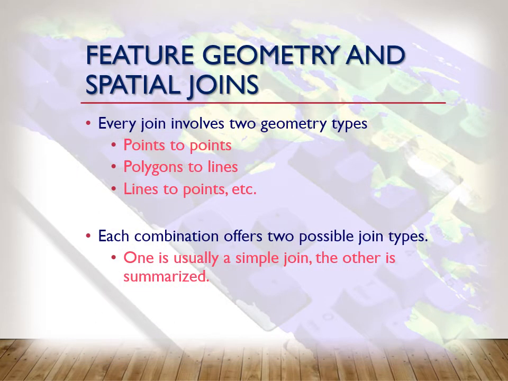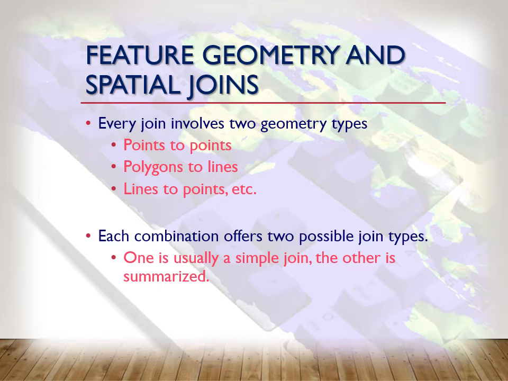So feature geometries, points, lines, polygons can all be related to each other, whether it's through a distance or an inside join. And each join basically just involves 2 geometry types, and it can be repeated. You can use polygon to polygon, points to points, lines to lines, even though those aren't included here.